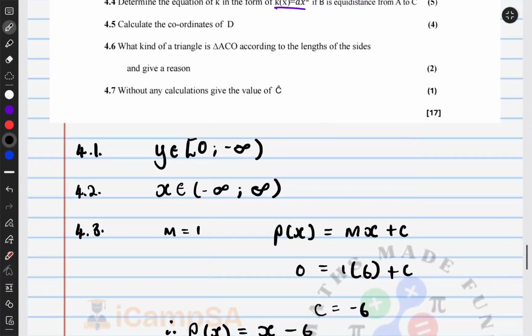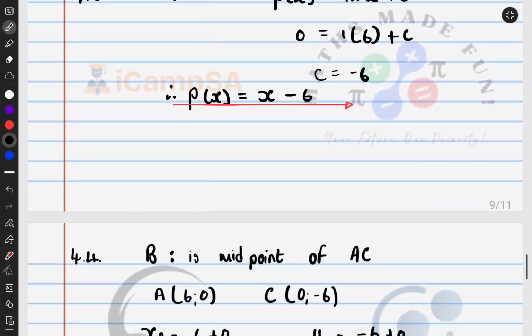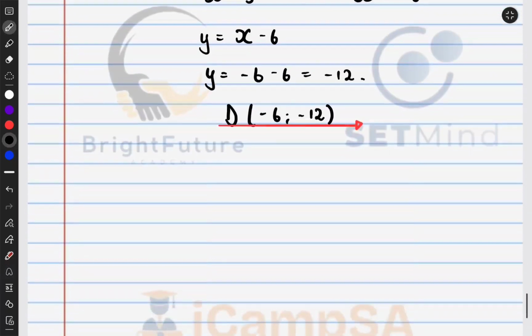So for 4.6, this is an isosceles triangle.